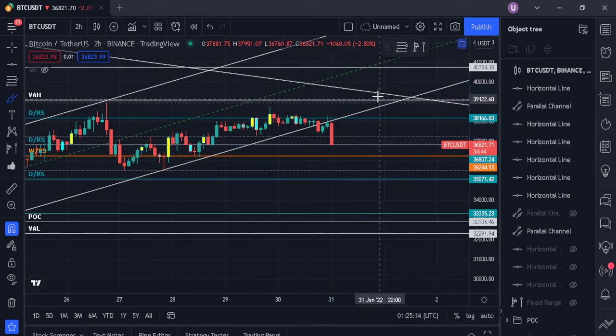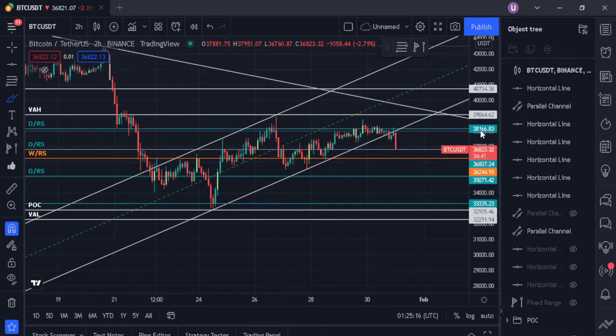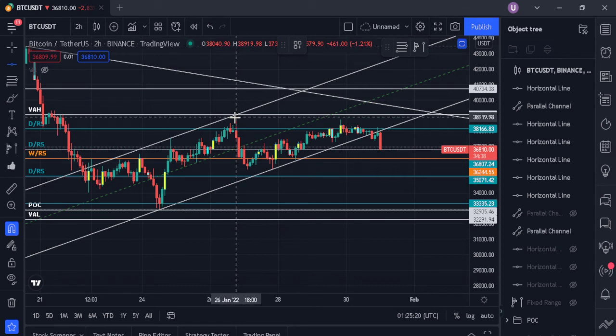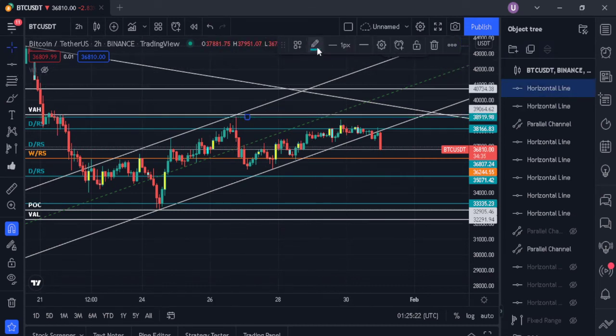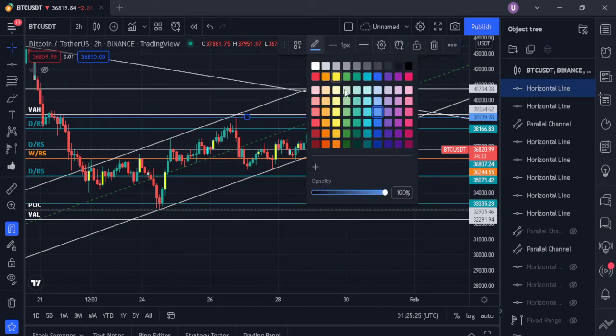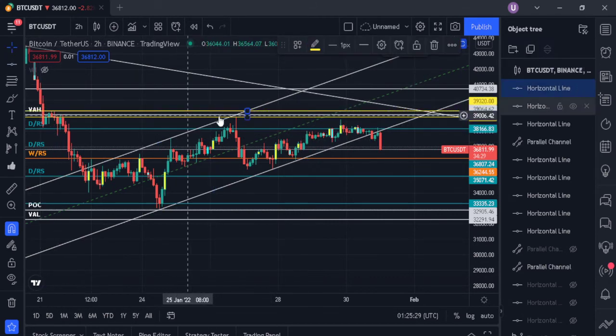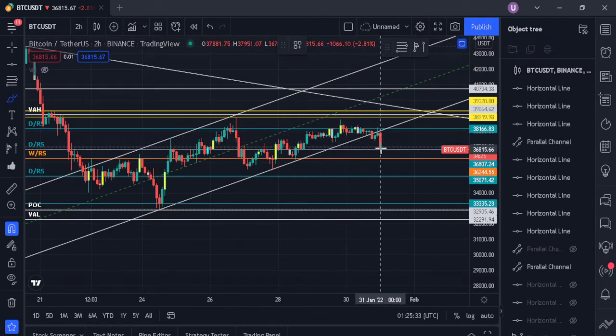I was personally looking for something different to play out. I was looking for this previous high, and this previous high to be broken and to perform a swing failure pattern.